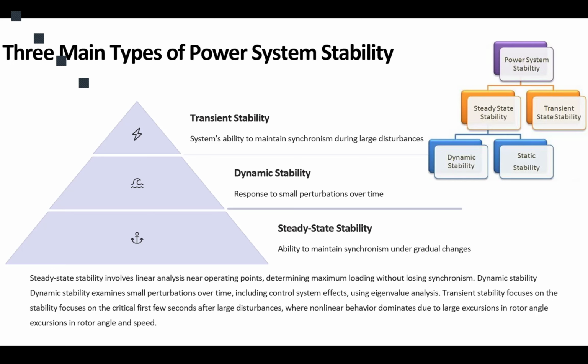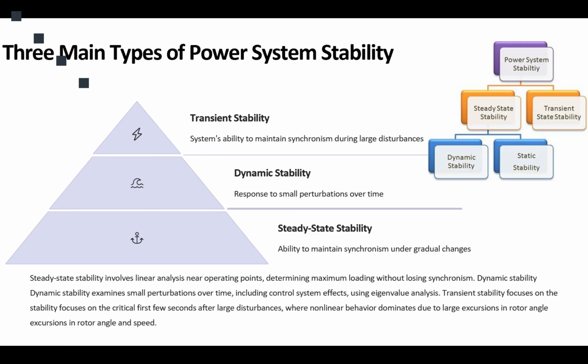The third one is steady state stability, which is how a system would react or maintain the equilibrium point when we have a gradual change. We already talked about that last week. We want to see what would happen if we have a gradual change like a load flow or load change.